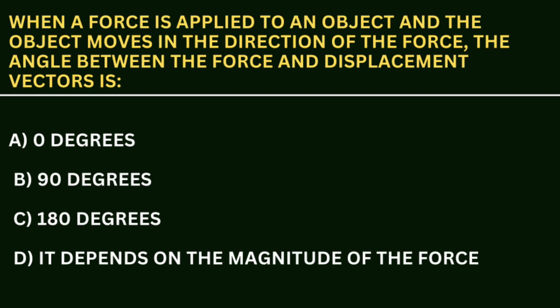When a force is applied to an object and the object moves in the direction of the force, the angle between the force and displacement vectors is. Option A, 0 degree.